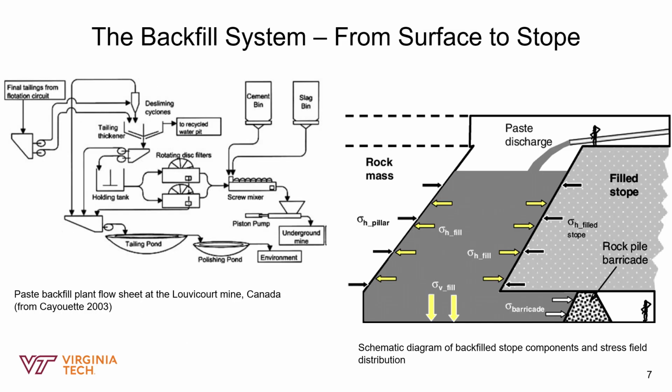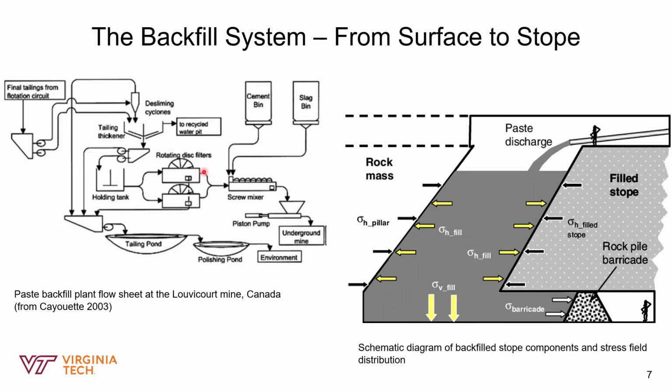So now that we understand the material types, let's look at the entire life cycle of the backfill, from how the material is created on the surface to how it ends up underground. If you look at the diagram on the left, this is the paste backfill plant. It's like a factory.